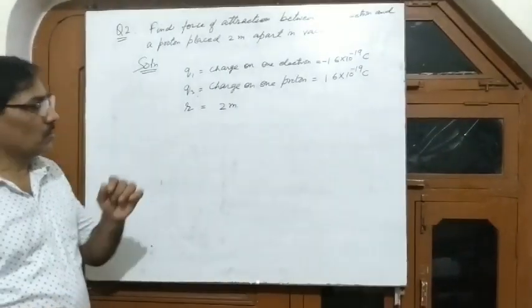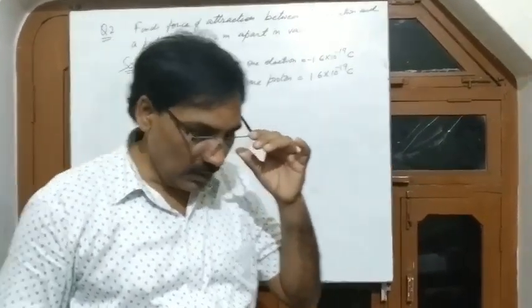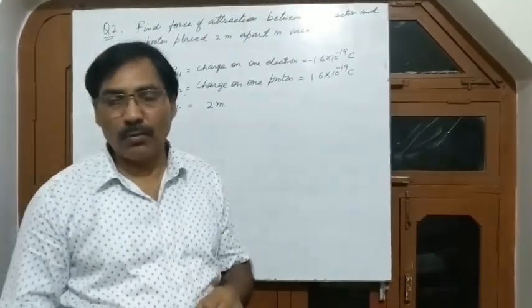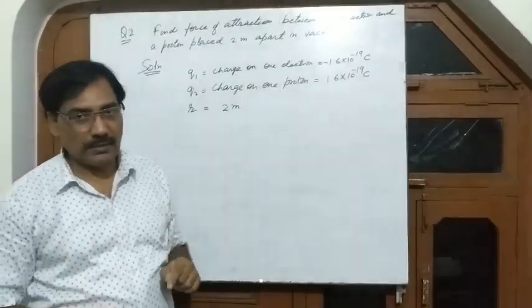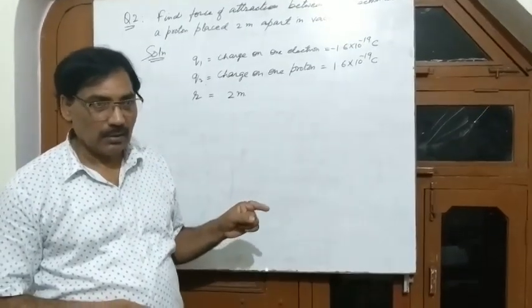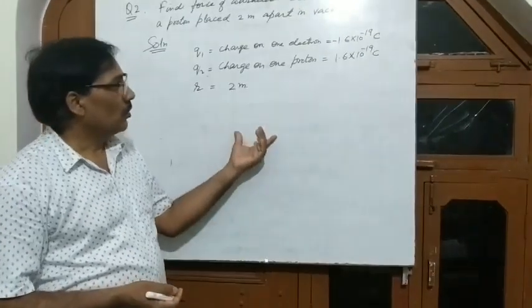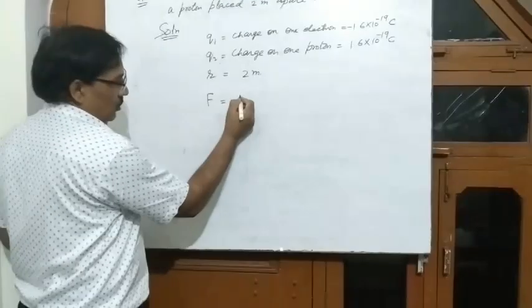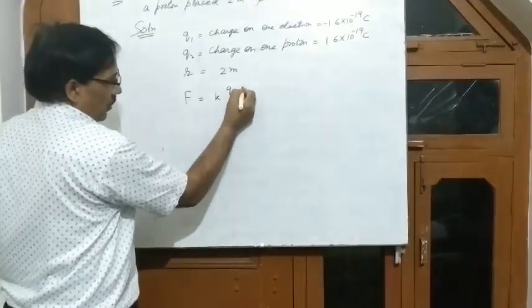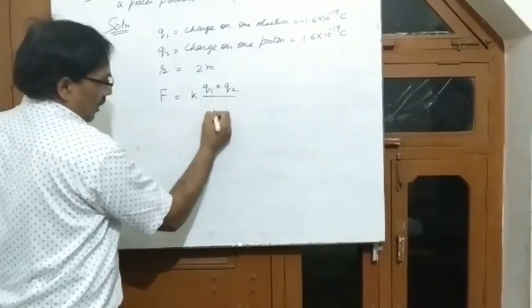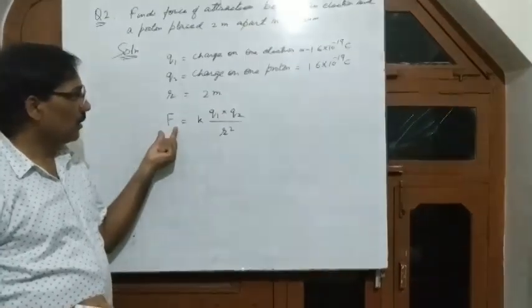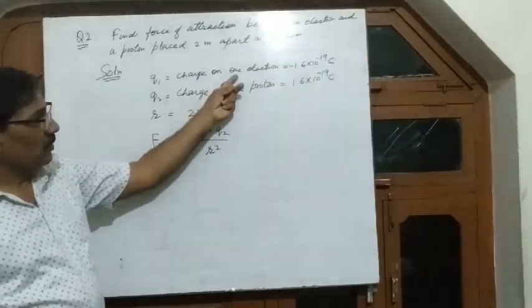One thing I want to tell you here: when you use Coulomb's formula, don't put the sign of the charge. During calculating the force, don't put the sign. For example, force F is equal to K Q1 into Q2 by R square. Q1 is the charge on the electron.